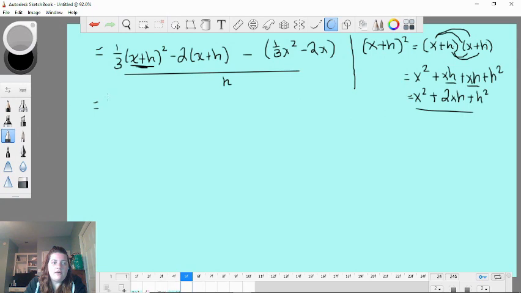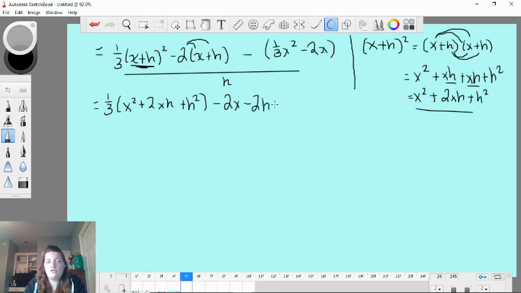So now we have 1/3 parentheses x squared plus 2xh plus h squared minus, I'm going to go ahead and multiply 2 in just because it's a regular distribution. So negative 2 times x is minus 2x. Negative 2 times positive h is minus 2h.